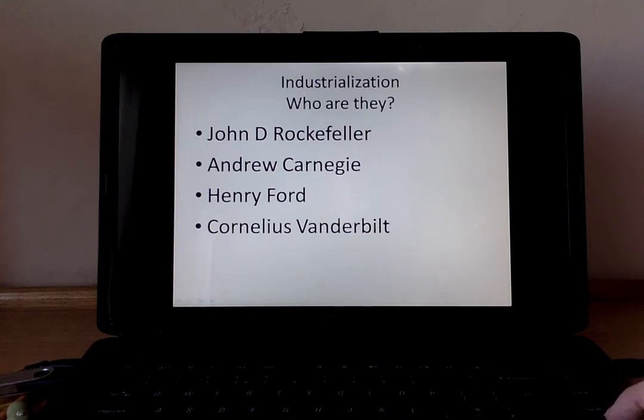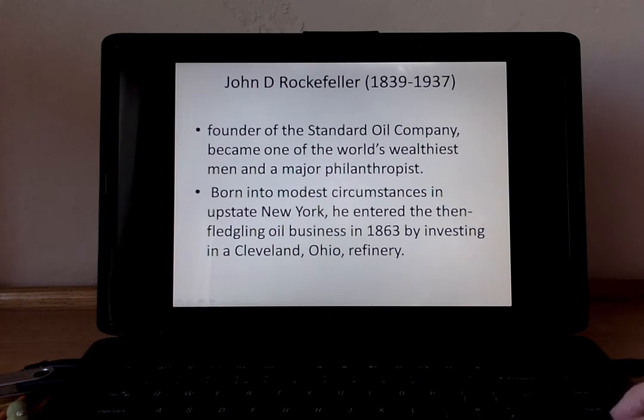Let's speak about industrialization. Who are they? We have John D. Rockefeller, Andrew Carnegie, Henry Ford, Cornelius Vanderbilt. So who are they? They are billionaires, the new billionaires.